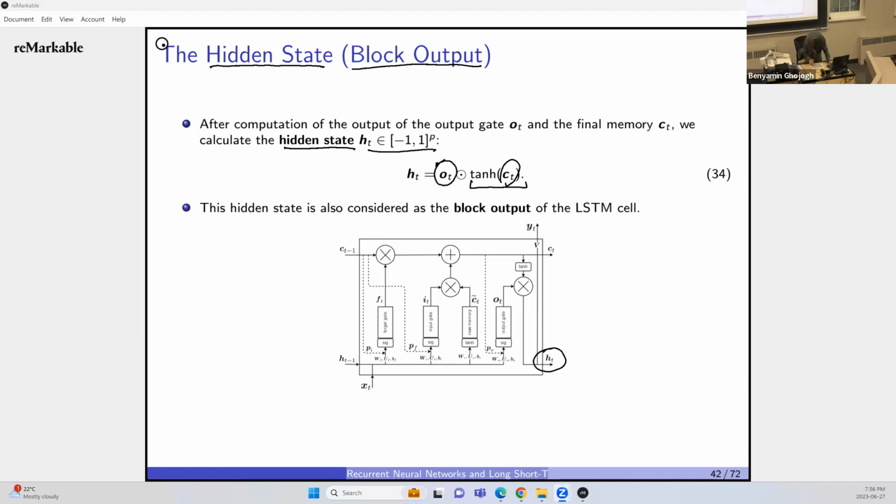So in this figure, you can see hyperbolic tangent of CT times OT gives me HT. This is called the hidden state, also called block output, and it goes to the next cell in order to be used. It was used a lot in all of the gates. Do you remember?